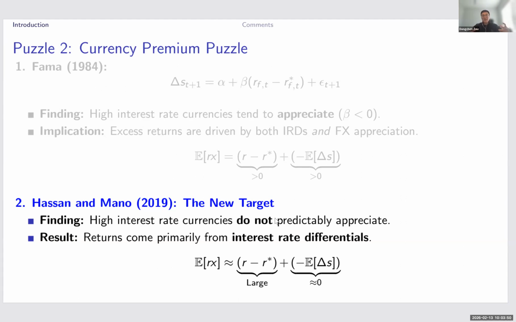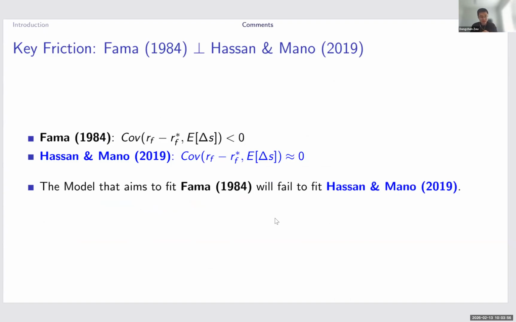So this is what the friction is. The key friction in the first place is that we have this Fama puzzle, which predicts the covariance between interest rate differentials and appreciation to be negative. Well, today, if we look back into this Fama puzzle, we might see that the covariance is actually zero. So those models that are trying to solve this Fama puzzle will not necessarily fit into this Hassan and Mano new target.